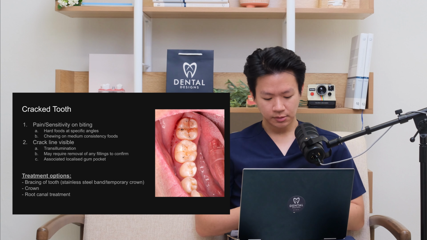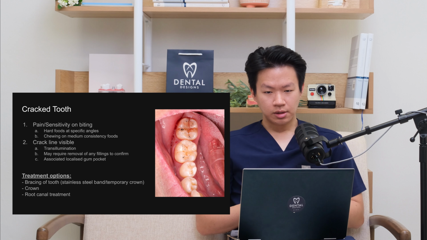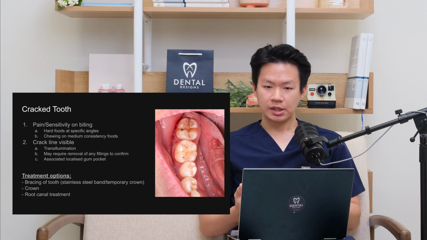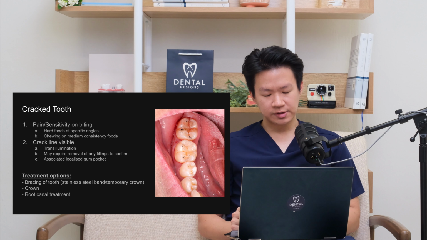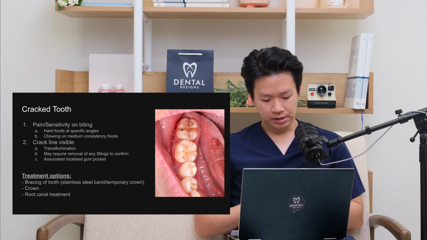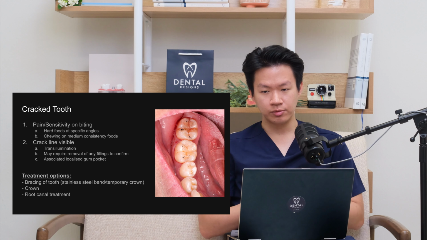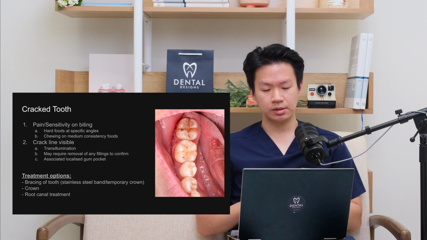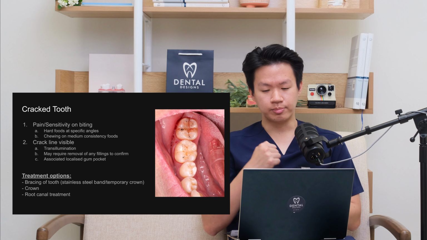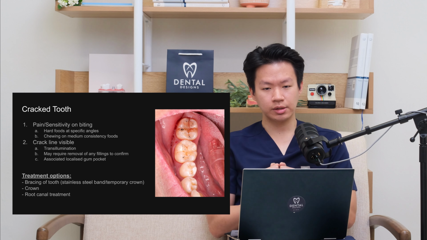Right. So again, usually for the patients coming with pain from a crack, the main goal is pain relief. And how we do that, firstly, if we find that there's pain on biting, we can provide a bit of support to the tooth, right? Because pain happens when you bite and the tooth with a crack experiences a wedging force that can widen the crack.